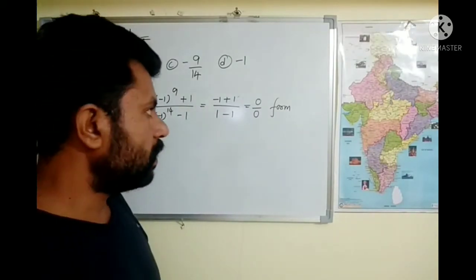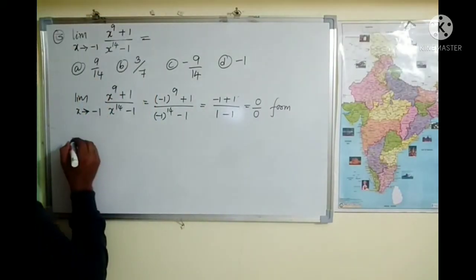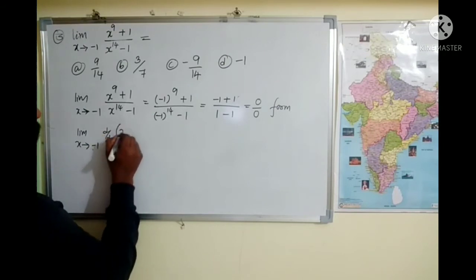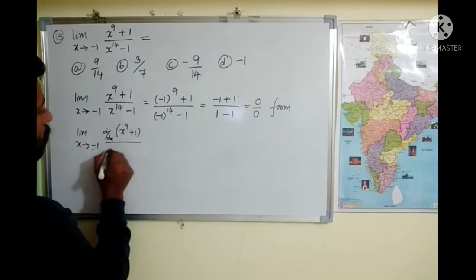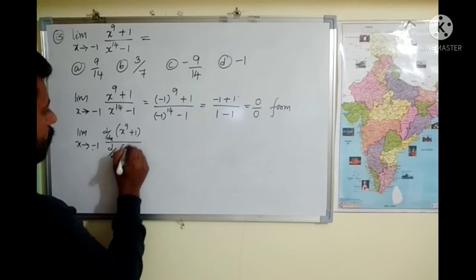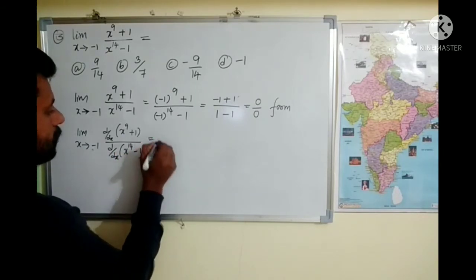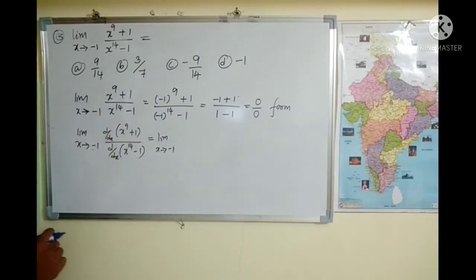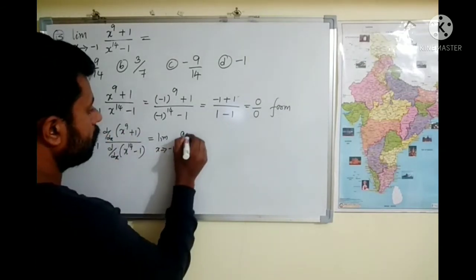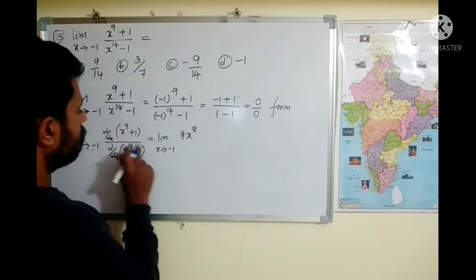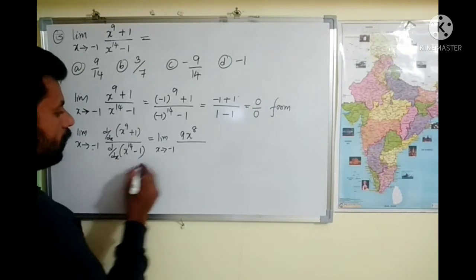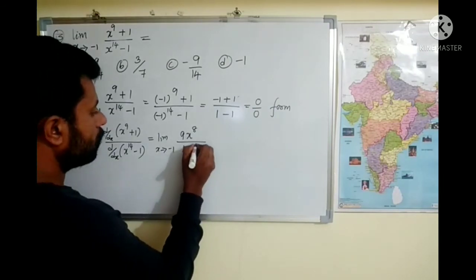Here we apply L'Hospital's rule. L'Hospital's rule states that we take the derivative of the numerator, d by dx of x to the power 9 plus 1, divided by the derivative of the denominator, x to the power 14 minus 1, as limit x tends to minus 1. The derivative of x to the power 9 is 9 into x to the power 9 minus 1, which is 8. The derivative of the constant term plus 1 is 0. Divided by the derivative of x to the power 14, which is 14 x to the power 13.